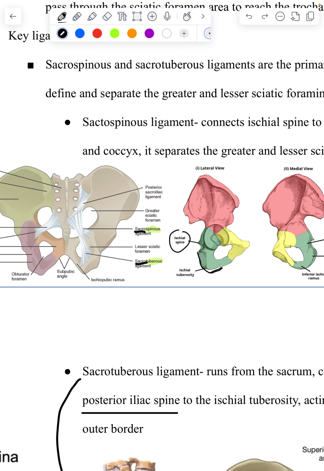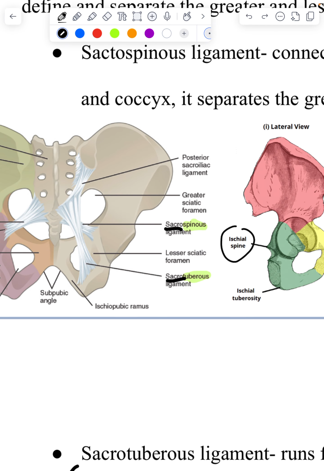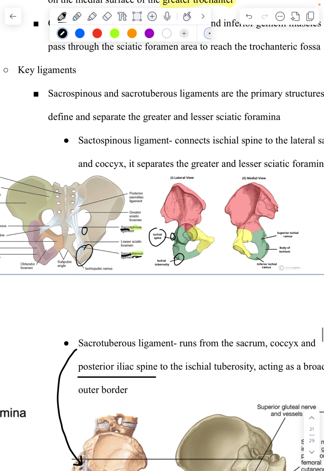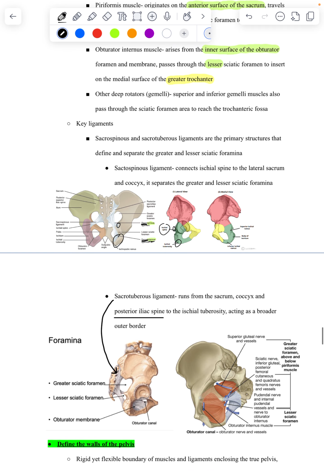And then this curvy thing is your tuberosity. So the sacrotuberous will connect down to your tuberosity. Your sacrospinous will connect to this spine right here. Tuberous will be down here. So sacrum to tuberous, sacrotuberous, sacrum to the ischial spine is sacrospinous. That gives you a greater and a lesser sciatic foramen.